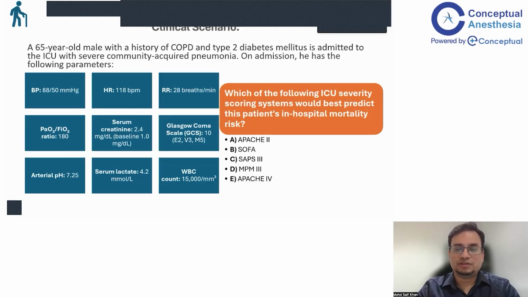So with this available information, which of the following ICU severity scoring systems would best predict this patient's in-hospital mortality risk? APACHE II, SOFA, SAPS III, MPM III, APACHE IV. So various scoring systems are listed here in these options.